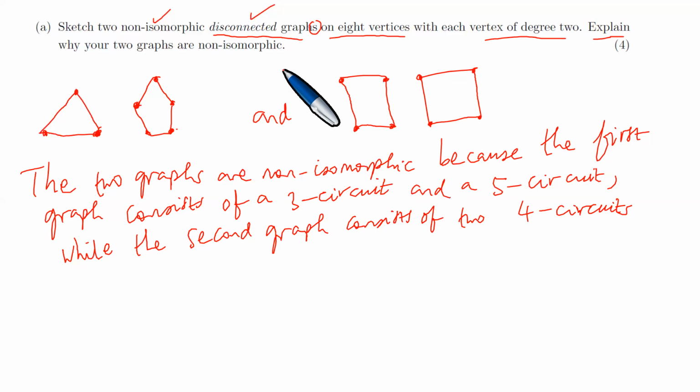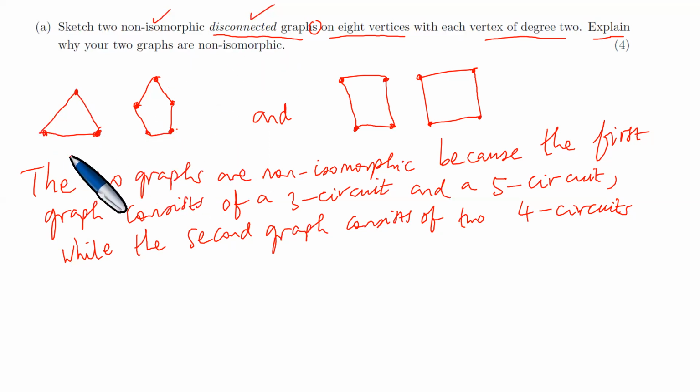Disconnected means that the graph is not continuous. It consists of separate pieces of graphs, or it's actually constituted by separate subgraphs. These are called subgraphs, like subsets. So this is a subgraph, another subgraph, but they both constitute a graph, and now they're disconnected.